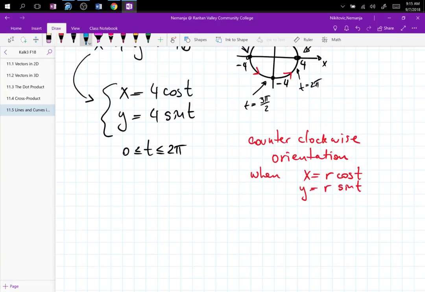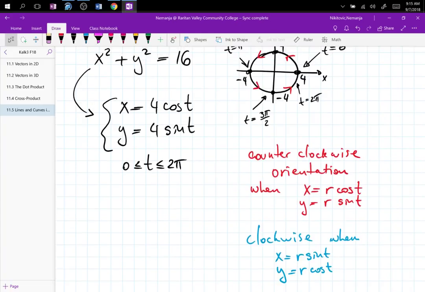Now I will tell you that you can also have a clockwise orientation, when x equals r sine t and y equals r cosine t. So either way, you are going to have a circle with radius 4, whether you use cosine sine or sine cosine.